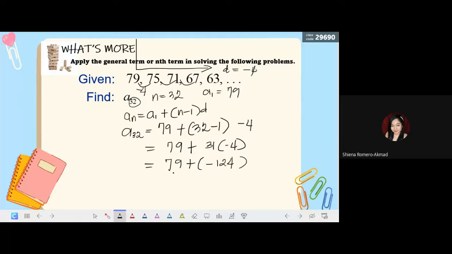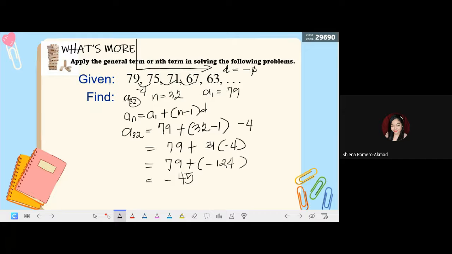Okay, tama, correct. How about 79 plus negative 124? Anong answer dito? Negative 45 po.